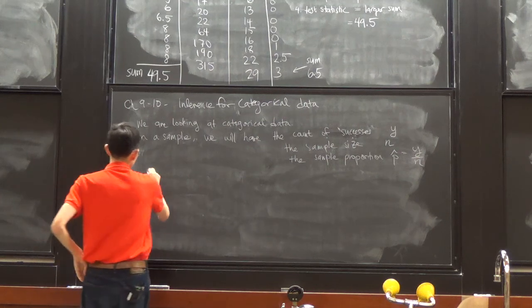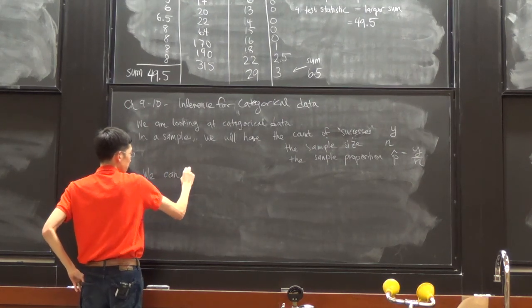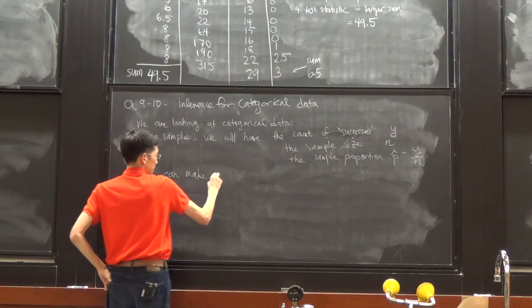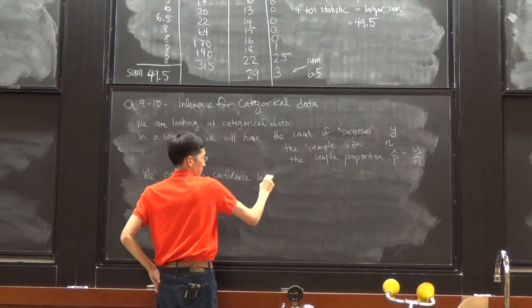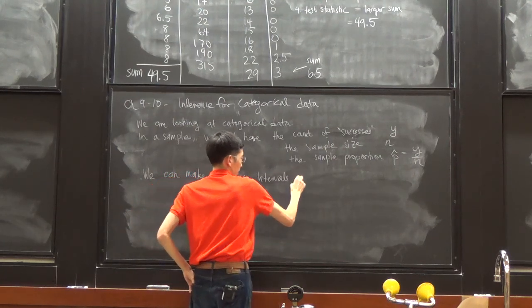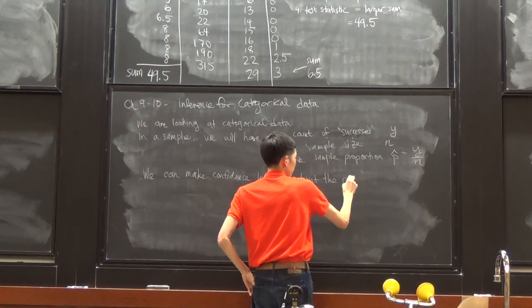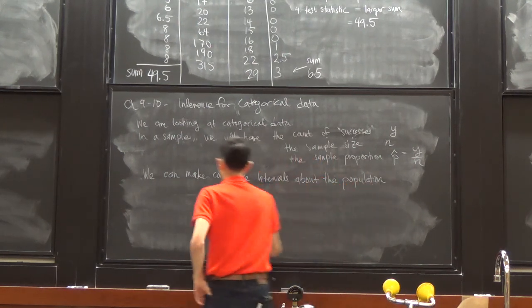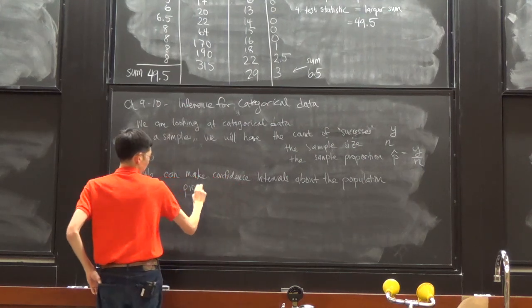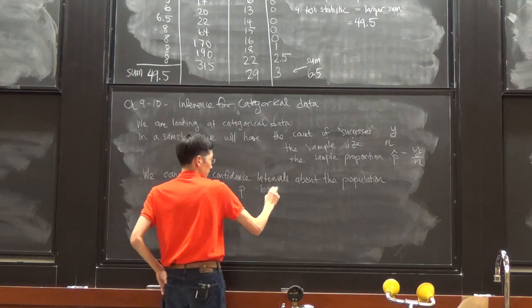So we can make confidence intervals about the population proportion P based on our sample.